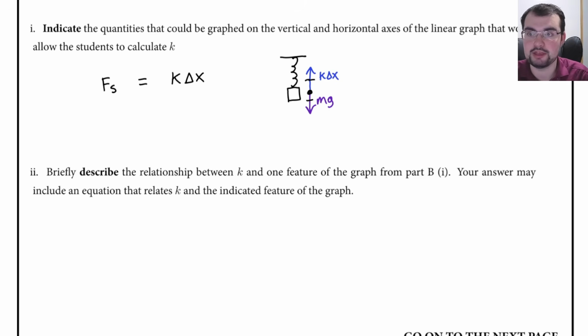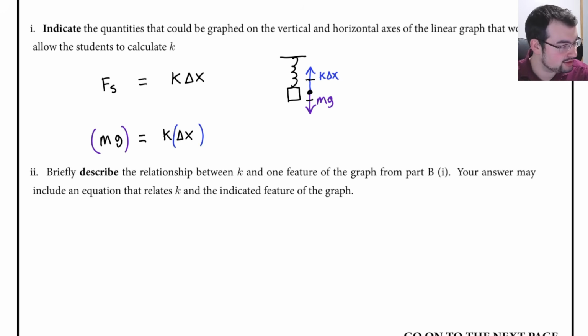So the spring force is equal in magnitude to the gravitational force. So we can say mg is equal to k delta x. And this is linear already. I can just put mg in a box, and delta x in a box. So I can say graph mg versus delta x.